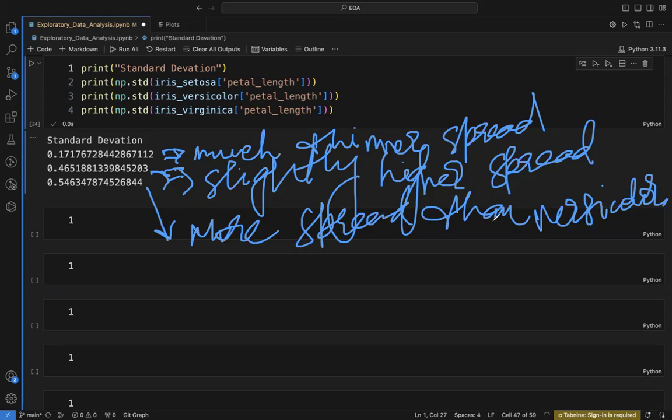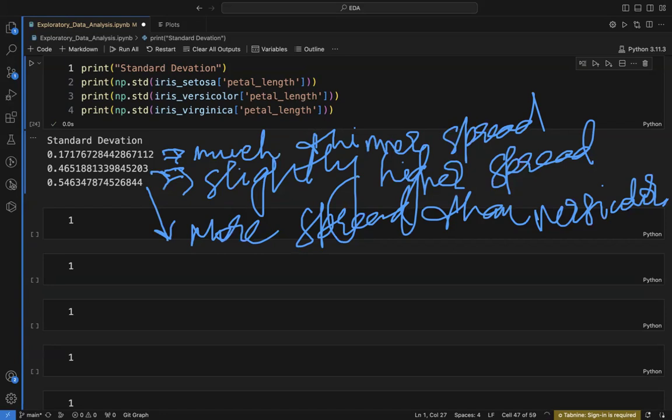So I told you earlier, by just looking at mean and standard deviation, I can quickly come up with something very interesting for you.